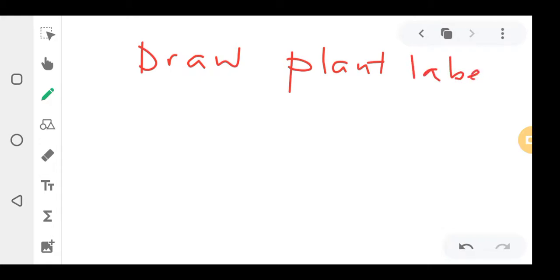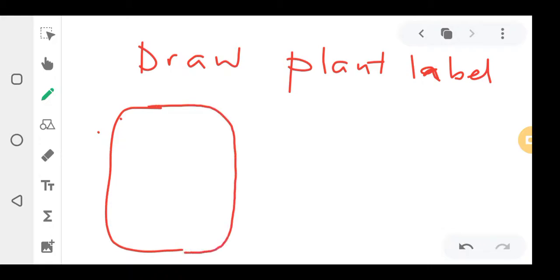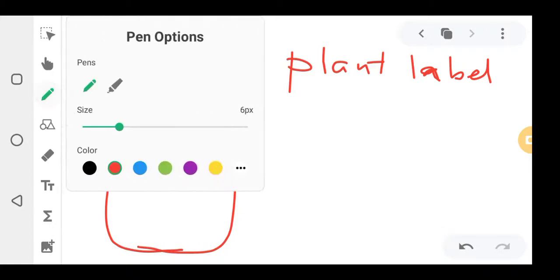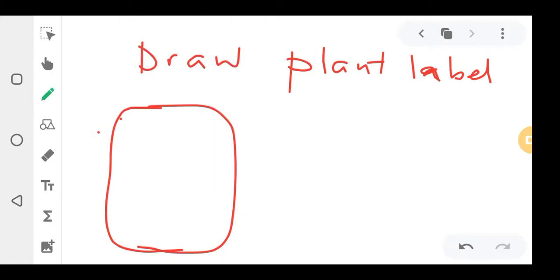Now they can sometimes ask you to draw a plant cell and label the parts. So a plant cell looks something like this. This outside part is called the cell wall, and then we've got the cell membrane inside.